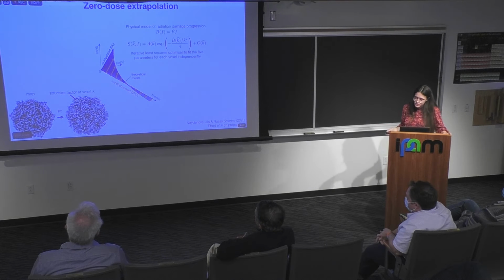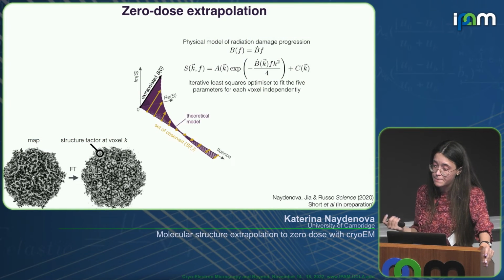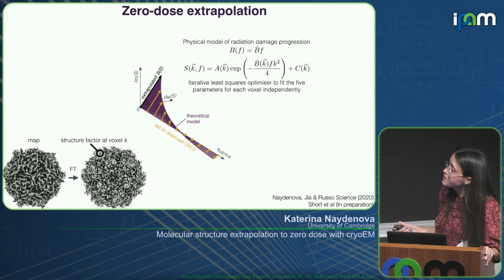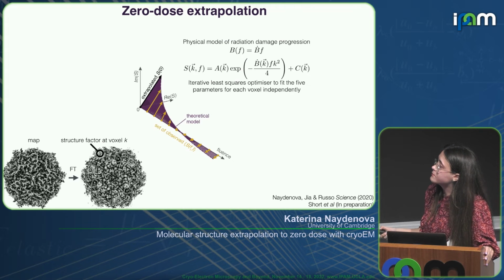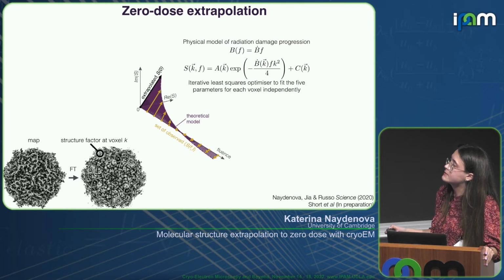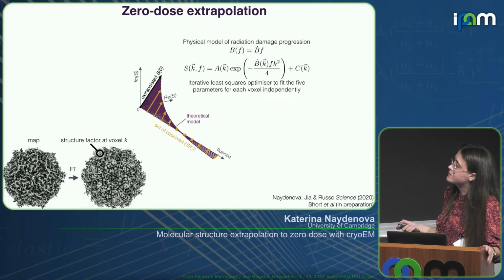This is the equation that we use to fit the progression of radiation damage. So we fit a B factor as a function of fluence, which increases linearly with fluence, which is quite well supported by the data at some constant rate, B dot, which we will be aiming to determine from the data.